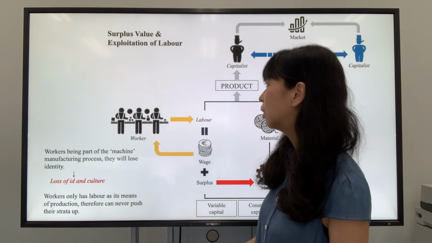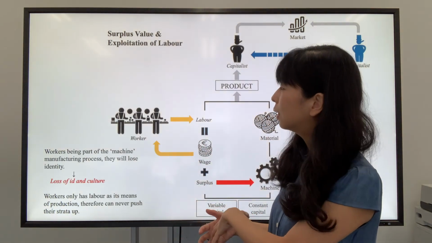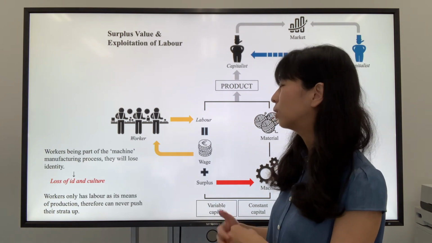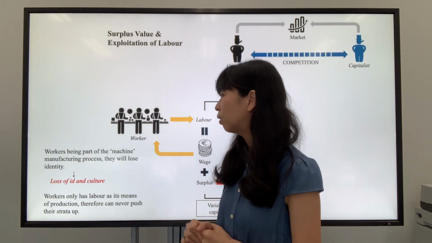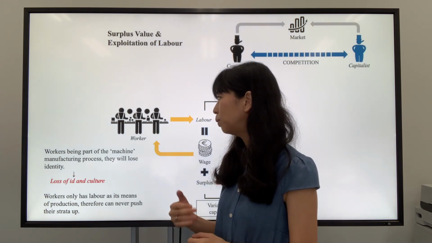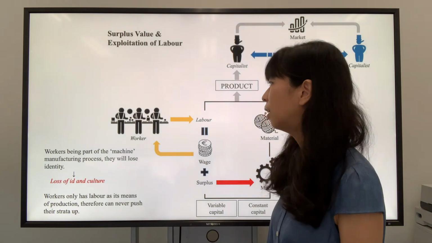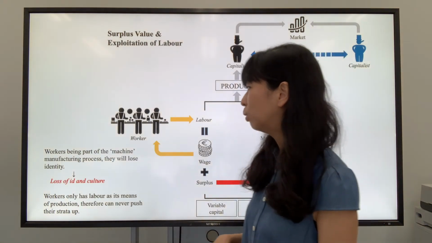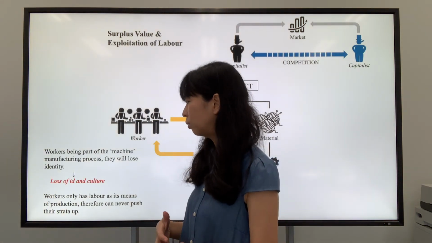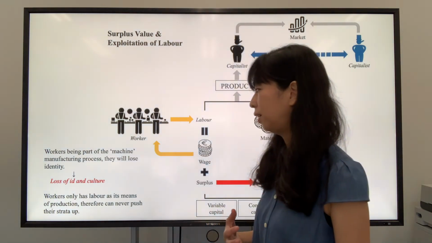However, because of the exploitation of labor, the workers are just considered like a machine in a machine process. They are just part of the machine, and they are losing their identity, and therefore it leads to the loss of identity, and a loss of culture in the end.